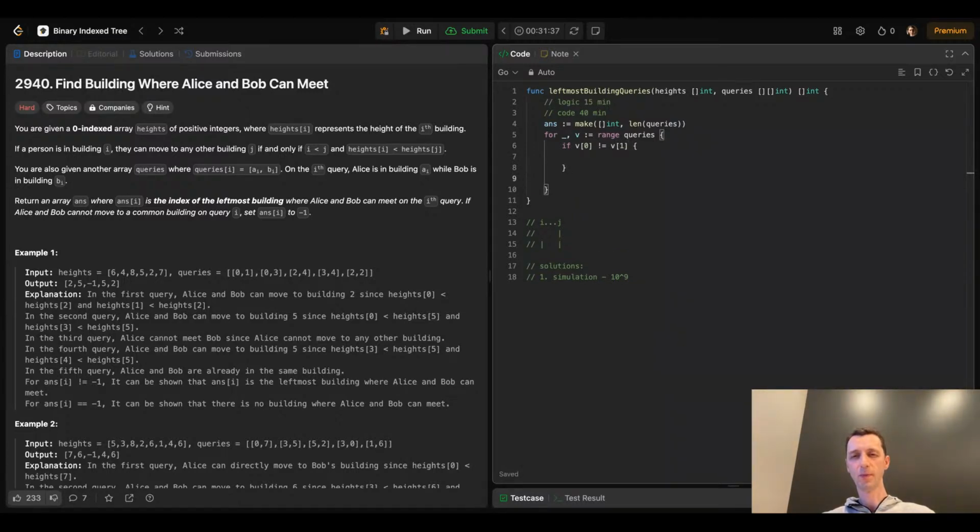Otherwise, we just, if one of them is bigger, we always do the search from the bigger one. Okay, and by the way, including that bigger one, yeah, starting from it.